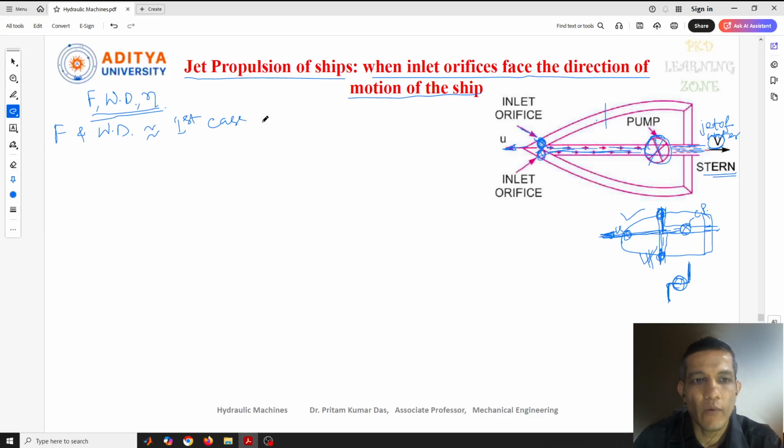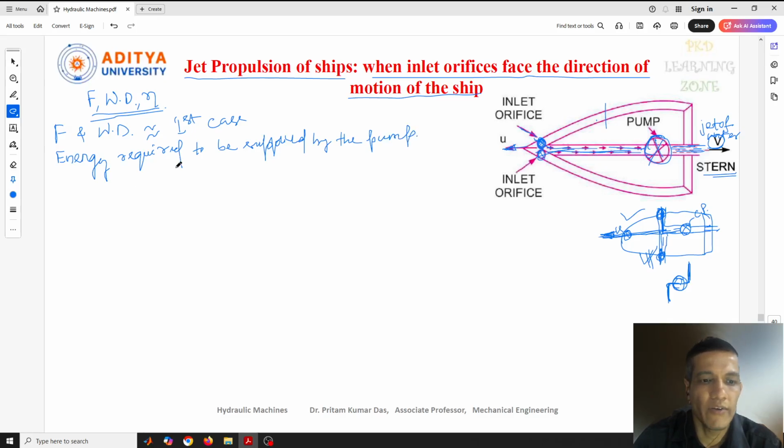So what will be different here is the energy required to be supplied by the pump. This point will be different.